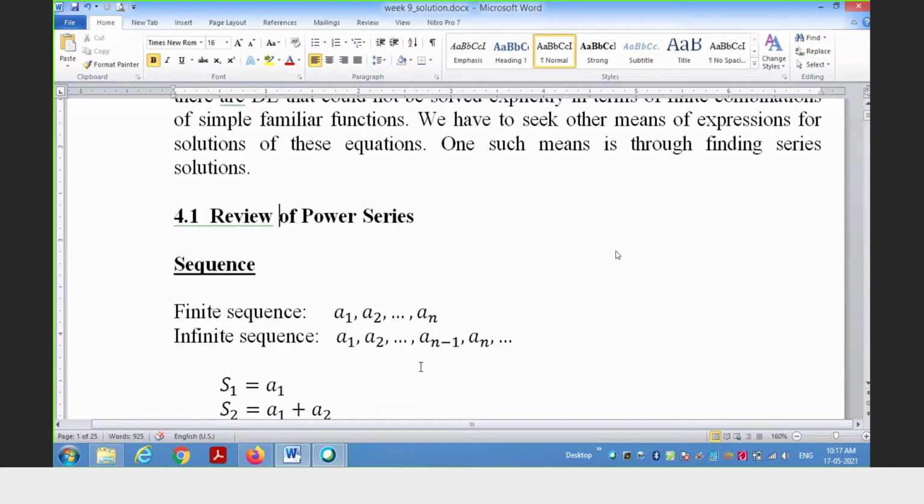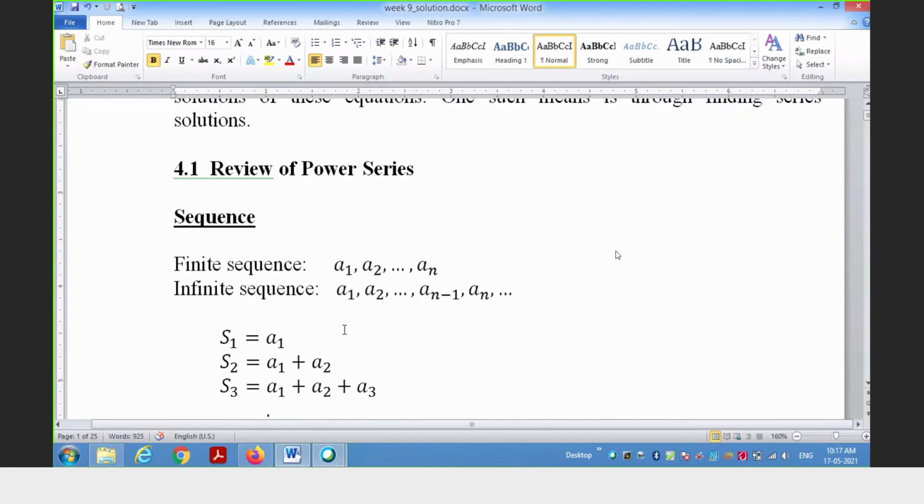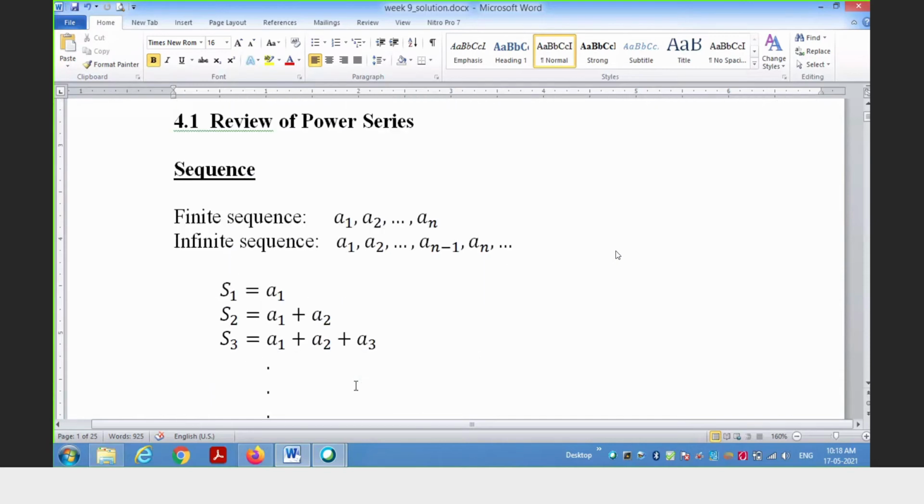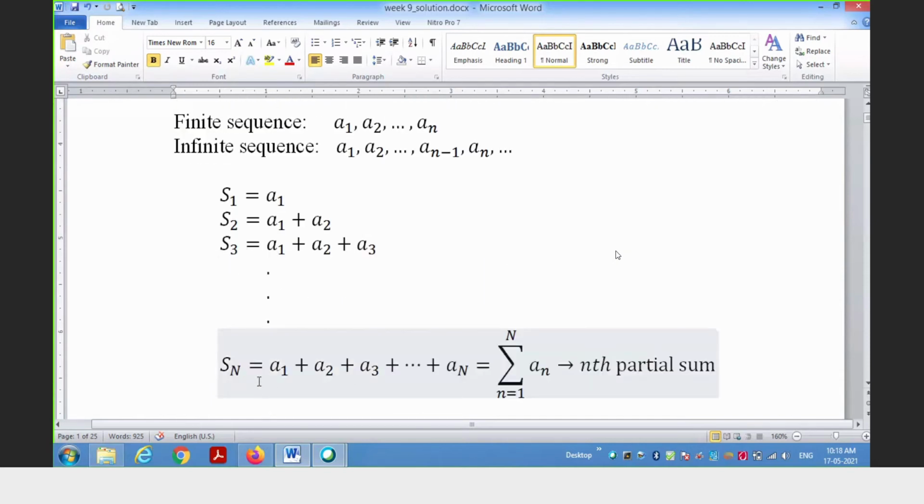So what is S1? S1 is the sum of the first term, A1. What is S2? S2 is the sum of the first two terms, A1 plus A2. Similarly, S3 is the sum of the first three terms, A1, A2, A3. And Sn is the sum of the first n terms, A1, A2, A3 up to An.